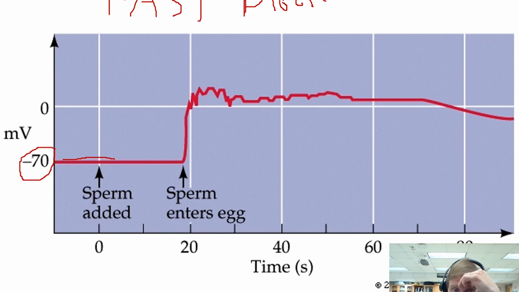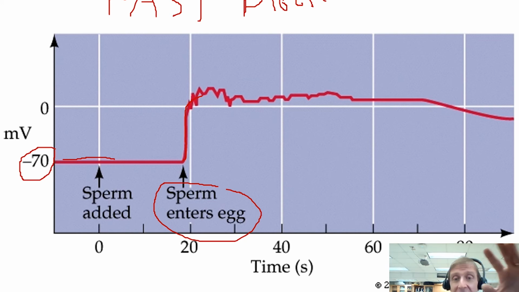But look what happens here. This is recorded by sticking an electrode in the cell and one just outside the cell membrane. So the membrane would be between the two electrodes, recording that electrical potential. Right as that first sperm enters the egg, at this point right here, look what happens to the membrane potential. It goes from negative 70 to just above 0. That is referred to as a depolarization. We'll see this in many excitable cells, nerve cells, muscle cells. It's pretty common. But this is a signal.